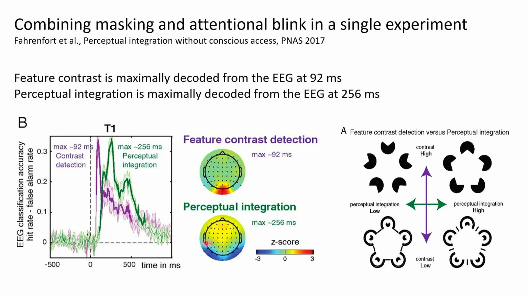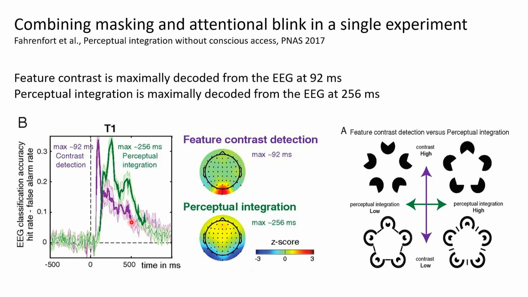Whereas the perceptual integration contrast you can more strongly decode at a latency of something like 250 milliseconds, 256 to be precise, which also makes sense because this typically requires recurrent interactions and more prolonged processing in visual cortex.